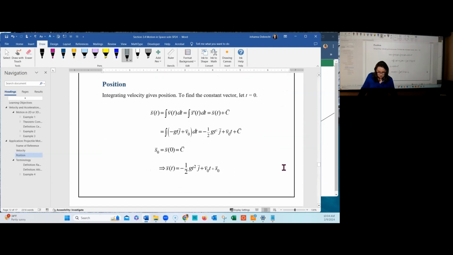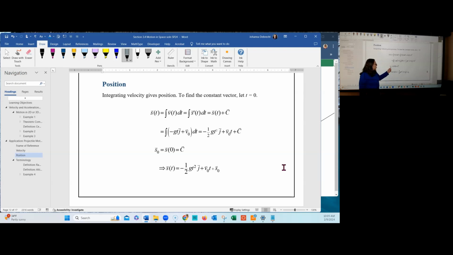In this case, our velocity vector is given by negative gt in the j hat direction plus v naught. When we integrate that, we get negative 1/2 gt squared in the j hat direction plus v naught t plus a constant vector. If you've taken physics, you're like, oh my gosh, it's the formula I use all the time. Yes, this is the formula and where it comes from.